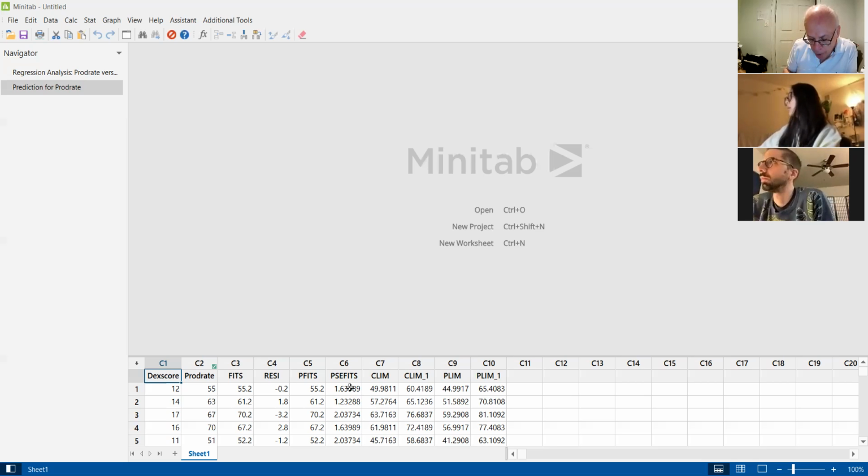Because if you're right, 0.3538, then the prediction interval square root is just 1 plus that, right? Yeah, and if you take the square root of 1.3538, you get 1.1635. And that's not 1.63989.